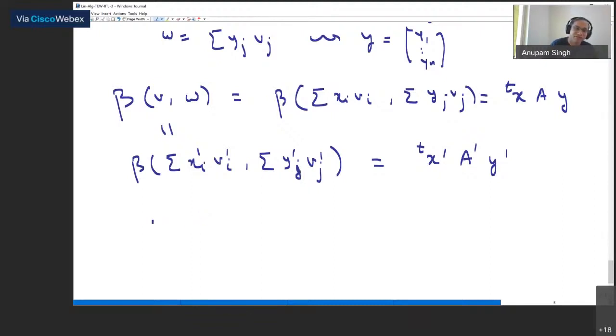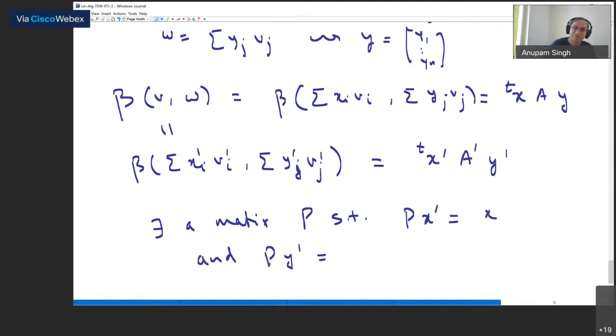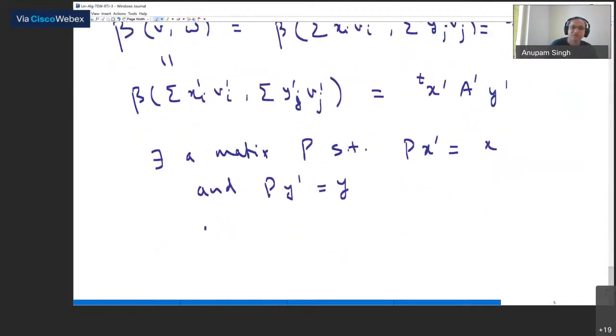So there exists a matrix P, the base change matrix, such that P x prime is x, and the same matrix changes the coordinates for the other vector also: P y prime is y. Now I will use this and substitute here.